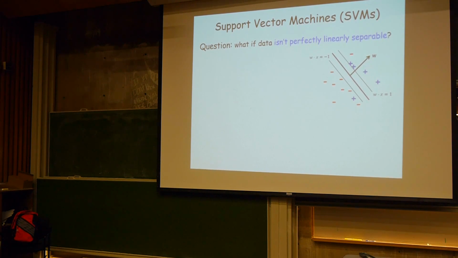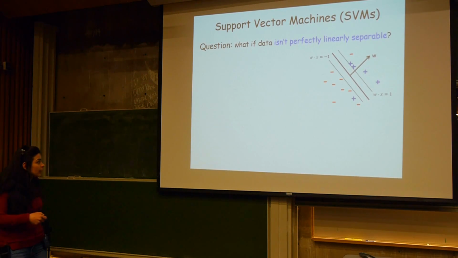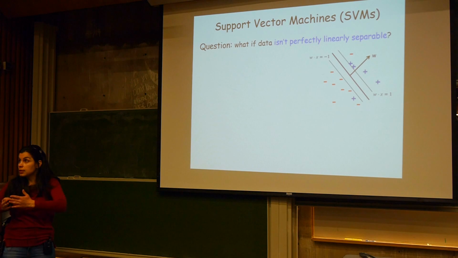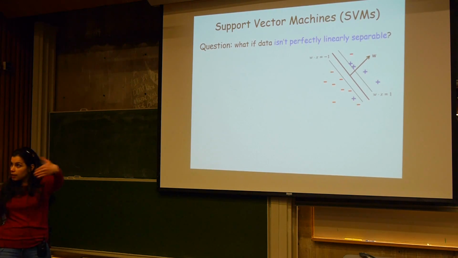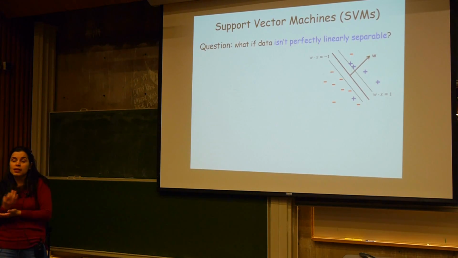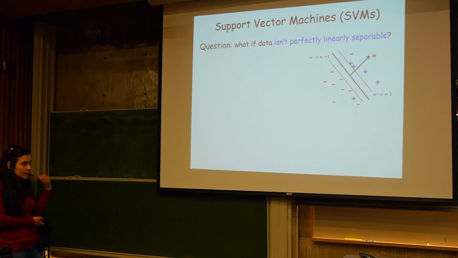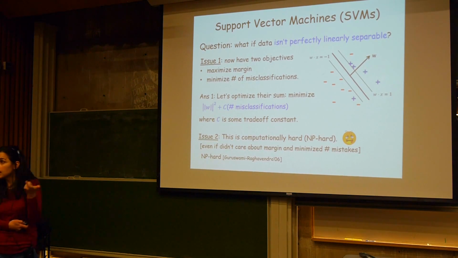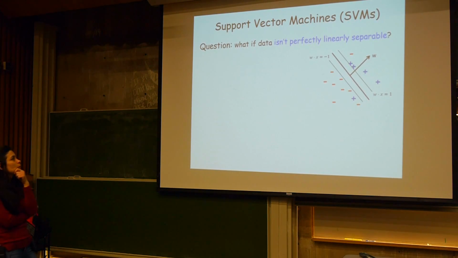We're thinking about the case, like in this example, where the data is not linearly separable, but we still are trying to find a separator that has as large a margin as possible and gets as few points wrong as possible. As argued, in this original form the problem is NP-hard, but here is the classic SVM solution to this.